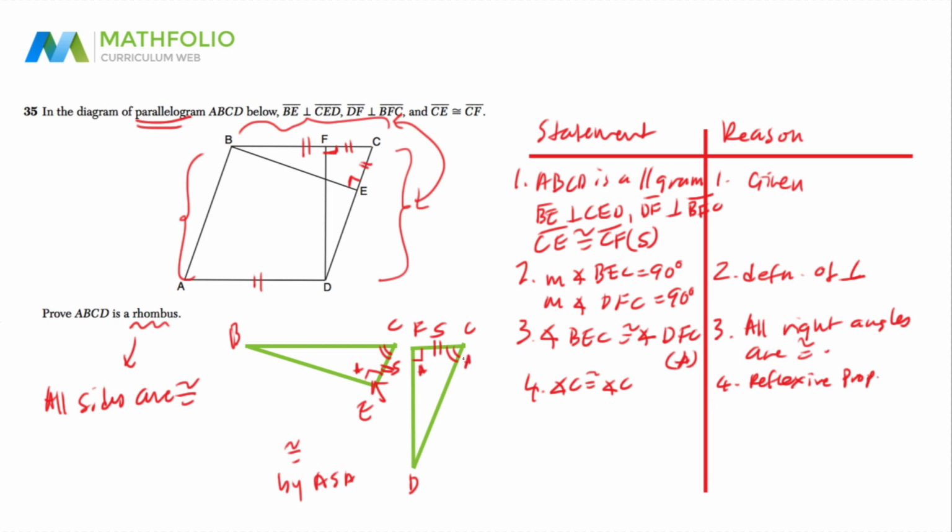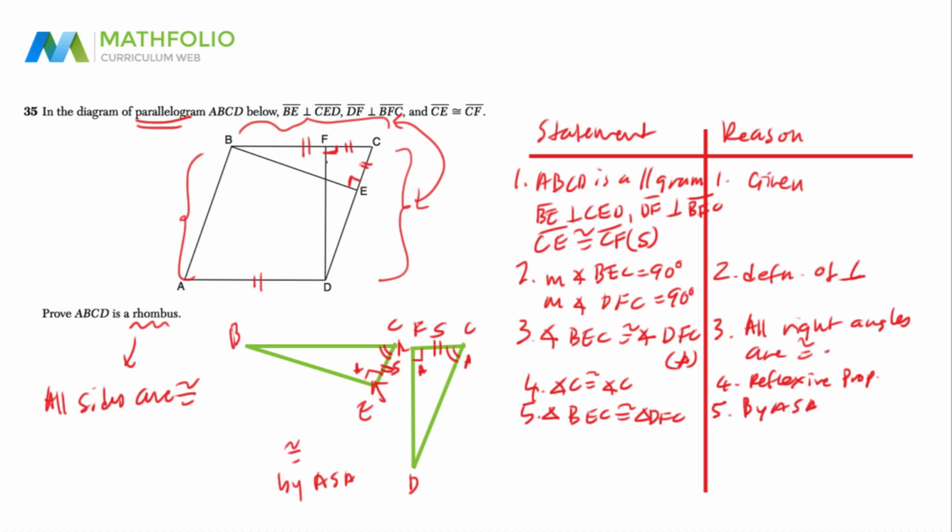And so that gives us angle side angle, so we can now make that statement that triangle BEC is congruent to triangle DFC, and the reason for that is by angle side angle.